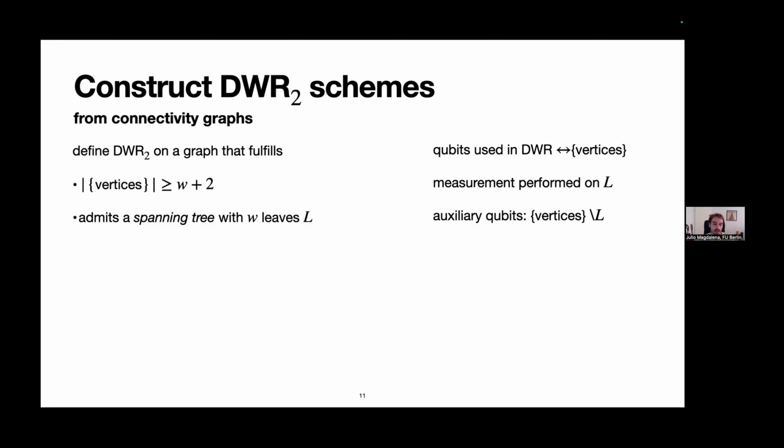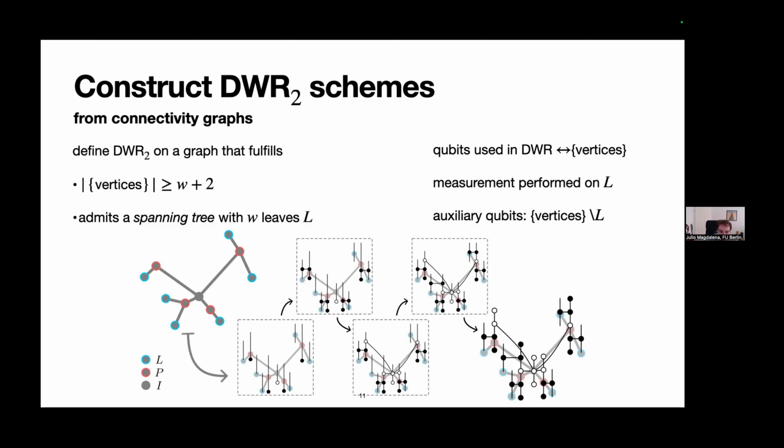The measurements are performed on the leaves, and the auxiliary qubits are the rest. Here I try to illustrate the construction very generally, and it works for every graph that fulfills this. So I separate the nodes of the graph into 3 subsets: the leaves, then their parents, P, and then the interior, I.